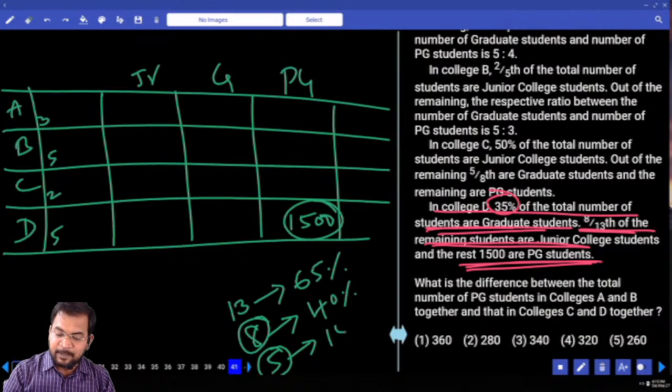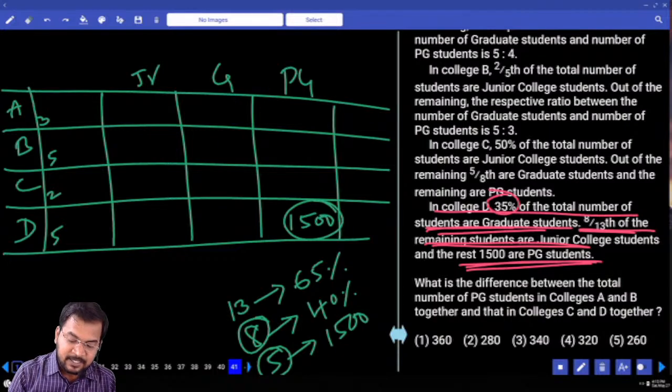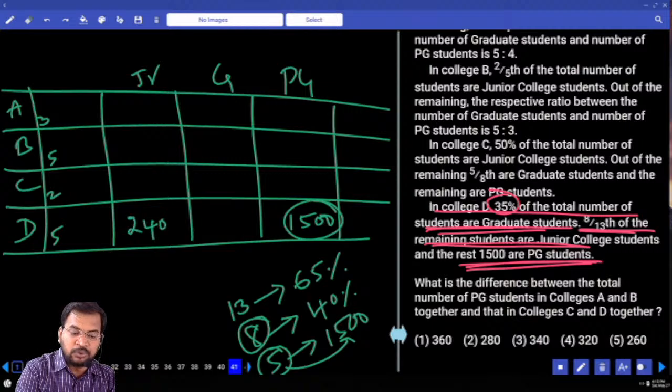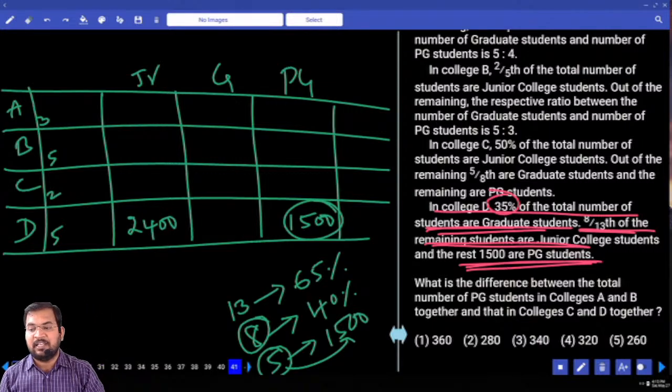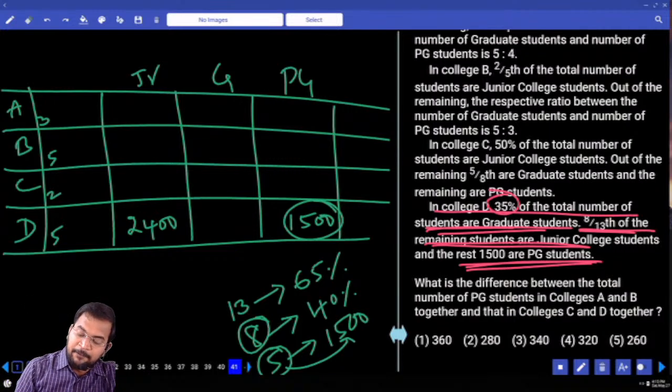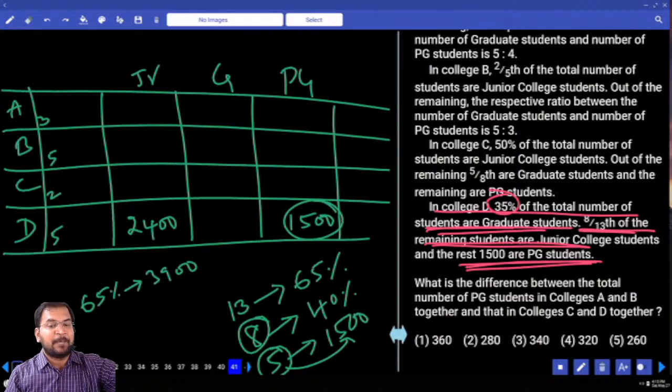Now tell me, PG students are how many? That 1500 is nothing but 5 parts. 5 parts is 1500. Then 8 parts is 5 3s are 1500, 8 3s are 2400. Therefore 2400 is the junior college students. Now 35%. 65% value is how much? 3900, junior plus PG together.